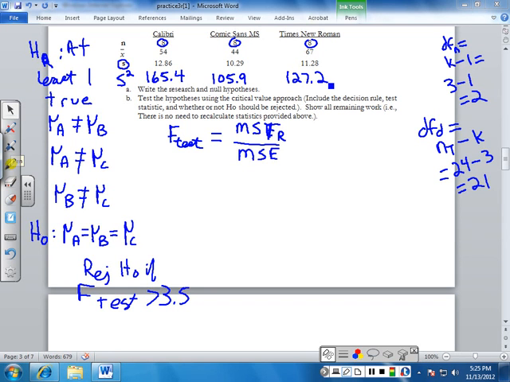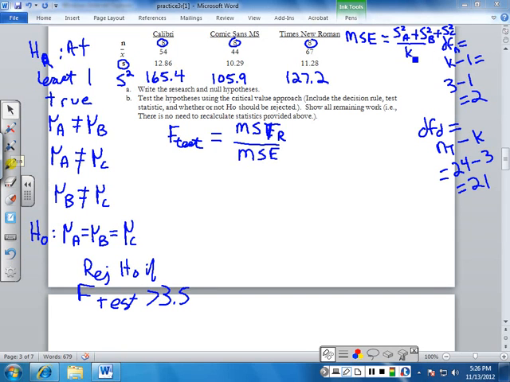I know I'm going to need some room down here for mean square treatment, so I'm going to try and do this up here. MSE is equal to S squared A plus S squared B plus S squared C, all divided by k.